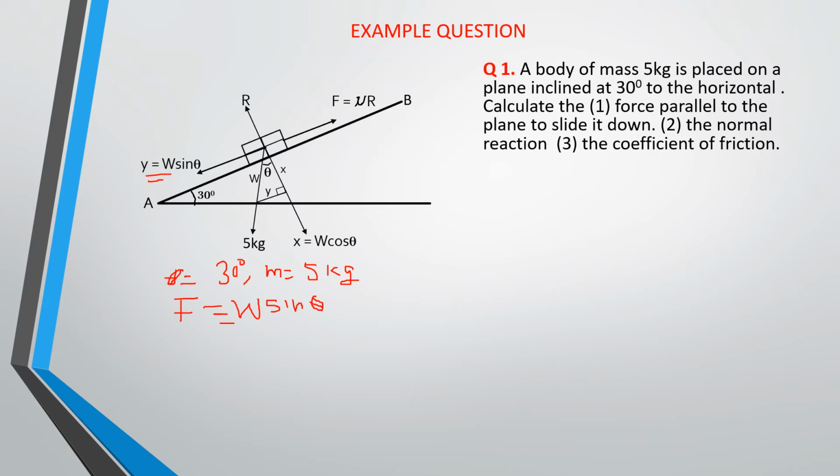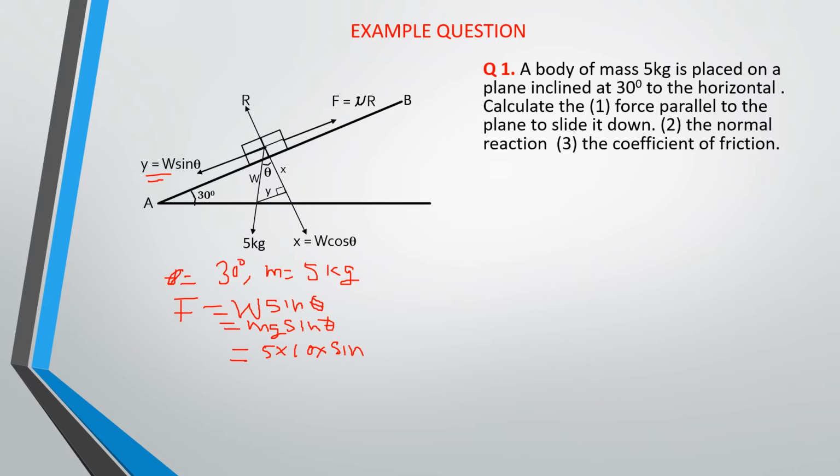So W is equal to mg, sine theta. W is weight, right? So if you substitute into this equation, you are going to have that the force parallel to the plane to slide it down is equal to 5 times 10 times sine 30 degrees.